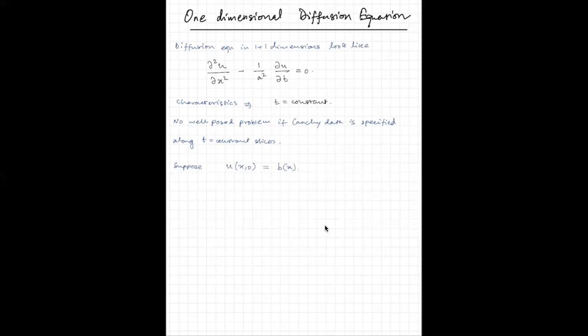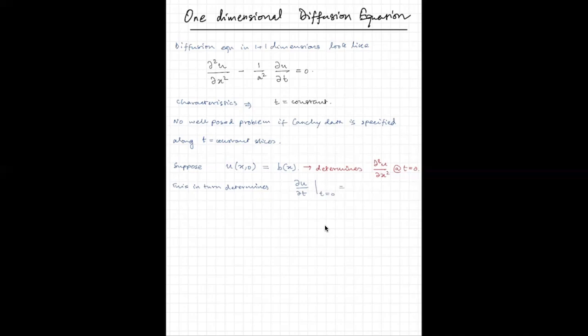So this determines del 2u del x squared at t equal to 0, which in turn determines del u del t at t equal to 0 from the equation.